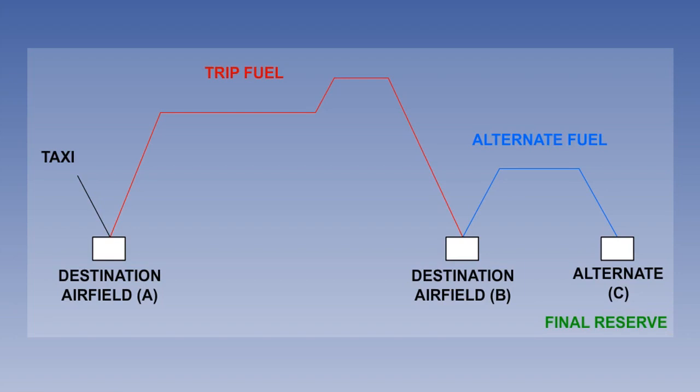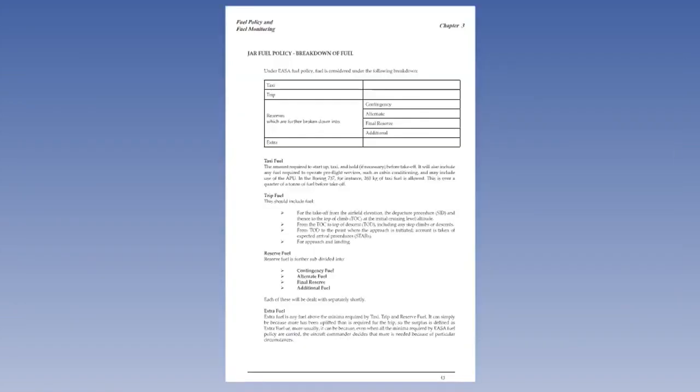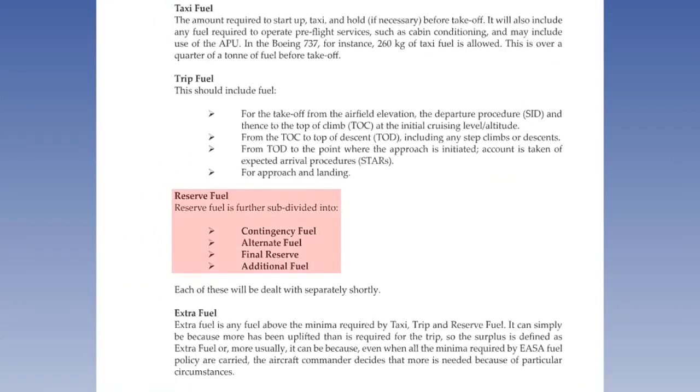Final reserve fuel for a turbine-powered aircraft is the fuel required to fly for 30 minutes at 1,500 feet overhead the alternate airfield. And for piston engine aircraft, the fuel required to fly for 45 minutes at endurance speed. Additional fuel may be carried in some circumstances, and these will be discussed in a later lesson.